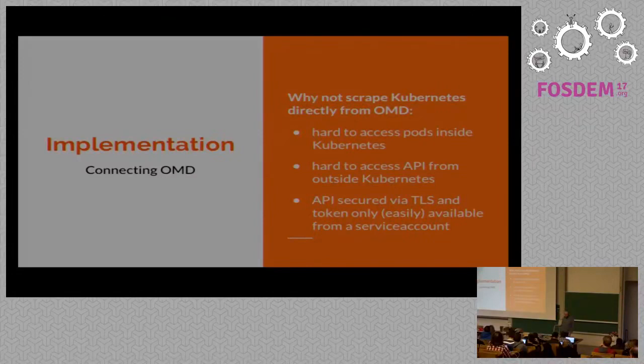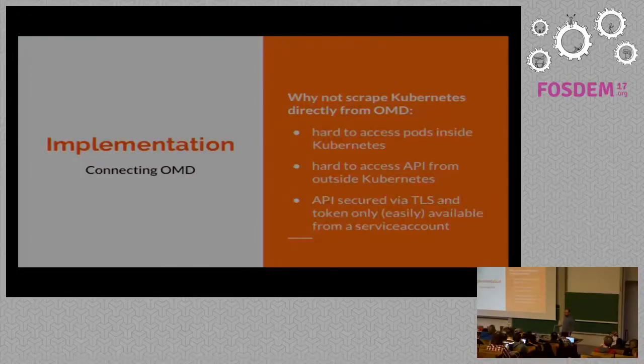I've decided not to do so. Why? It's quite hard to access pods inside Kubernetes. The SDN makes it quite hard to access some non-privileged pod, as I found out. And it's also hard to access the API from outside Kubernetes.